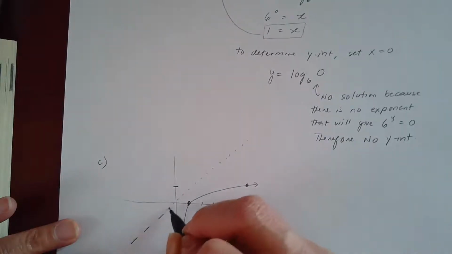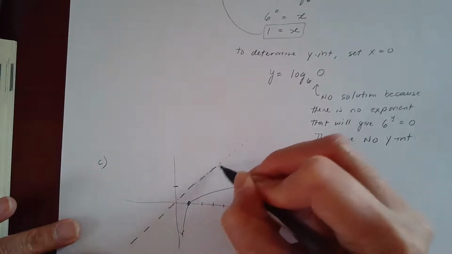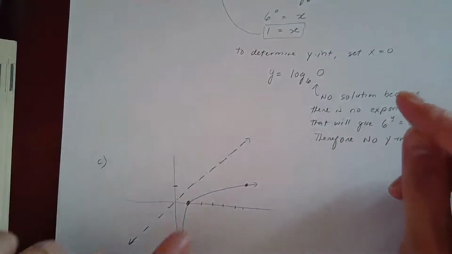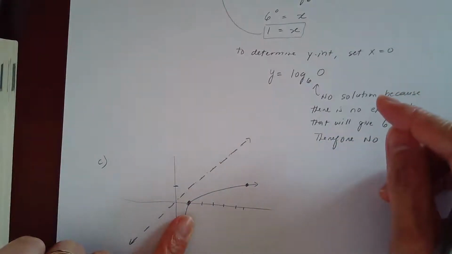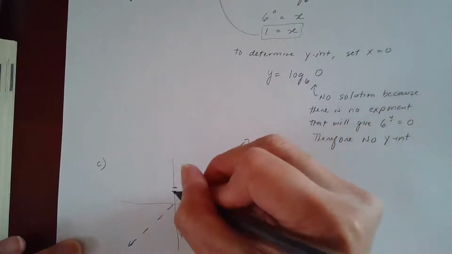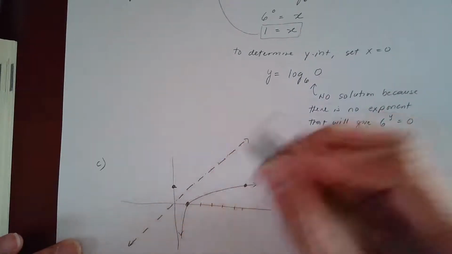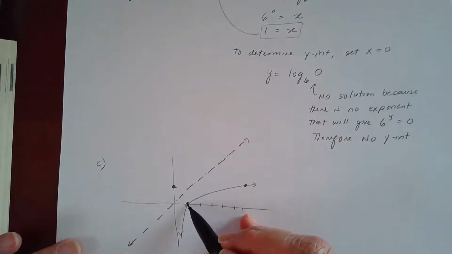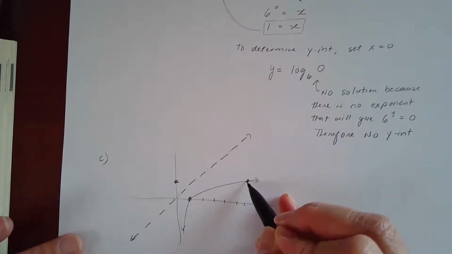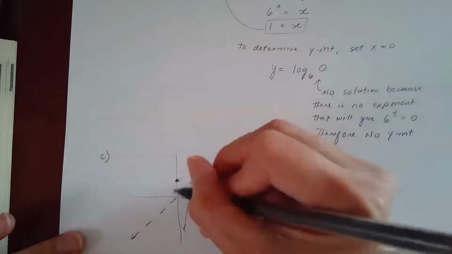Because they're inverse of each other, when we talk about inverse function, we said that the domain of the function will be the range of the inverse. So this one would go like this, and instead of 1, 0, it's going to be 0, 1, and instead of 6, 1, it's going to be 1, 6.